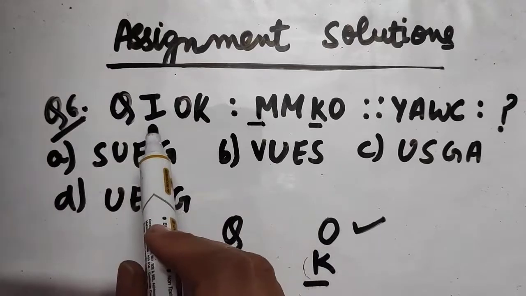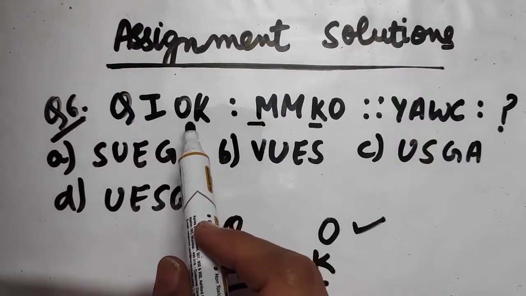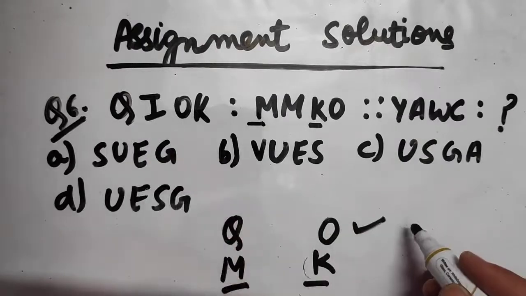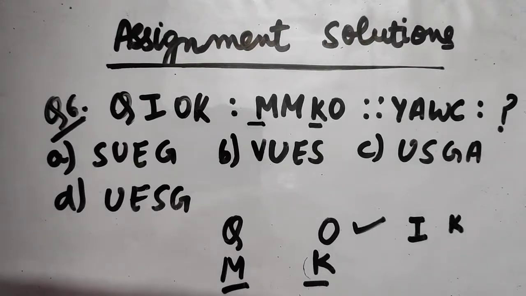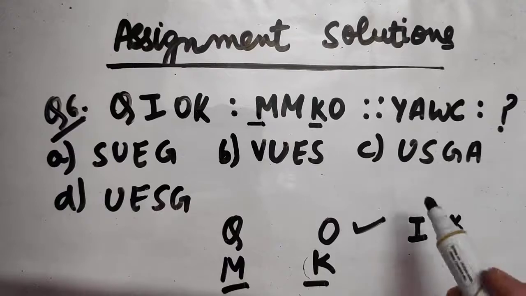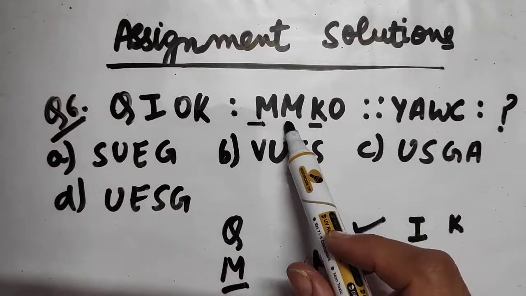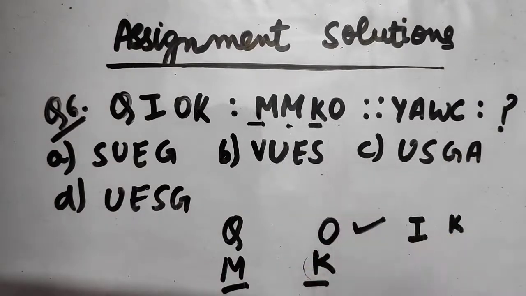Now if I talk about the second and fourth letters, that is I and K of the first group, they are moved 4 steps forward to obtain the corresponding letters of the second group, like MO.